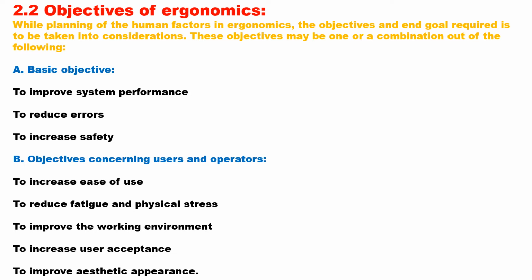B. Objectives concerning users and operators. It includes to increase ease of use, to reduce fatigue and physical stress, to improve the working environment, to increase user acceptance, to improve aesthetic appearance.